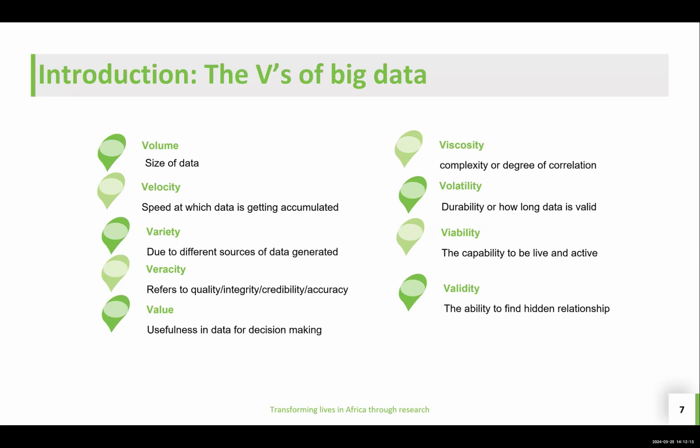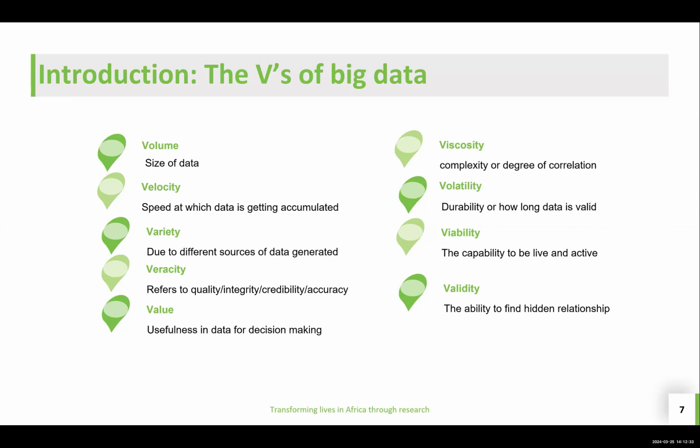Then we talk about velocity. Velocity refers to how often you collect this data. If it is time series data, how often does the data come in? Then variety is about how different the data sets are.